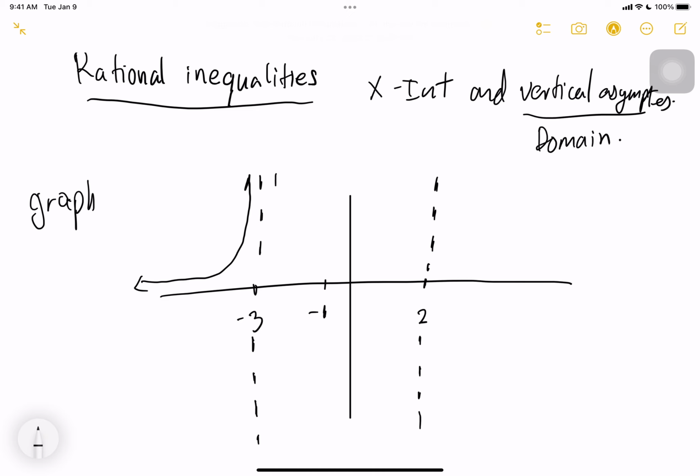And so the graph of the function will look like this. And then at 4, I have one last x-intercept. And so the graph of the function hopefully looks something like that right here. And so this right here is the graph of my inequality.